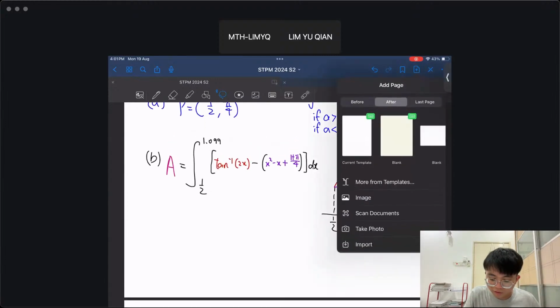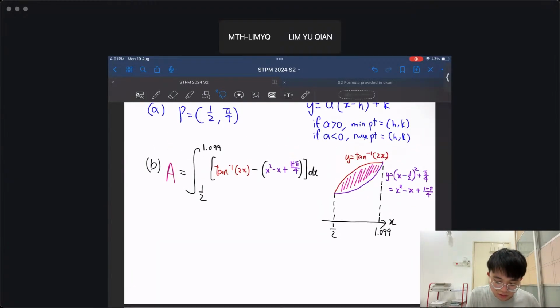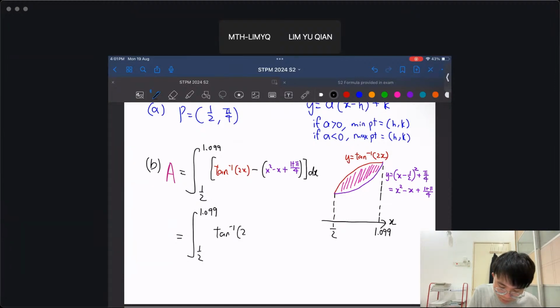For the first part, arctangent, what is the technique you need to use here? Arctangent is integration by parts, and alone only. You have to set your v prime equal to 1. Then minus this one.